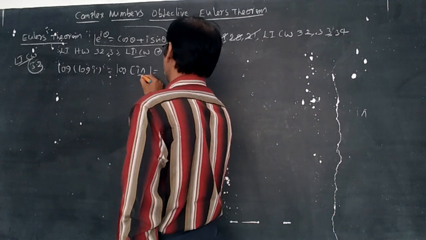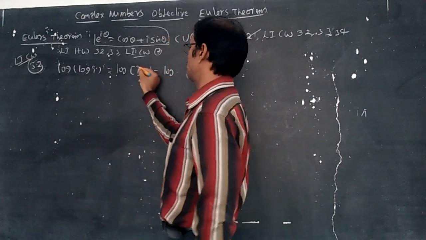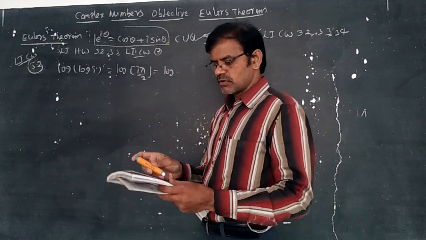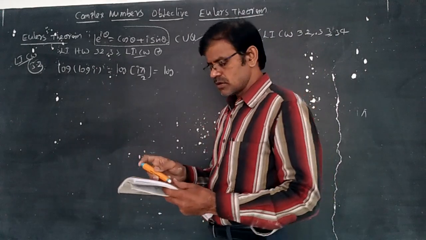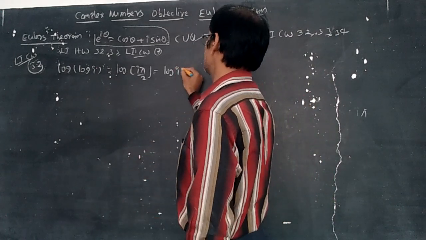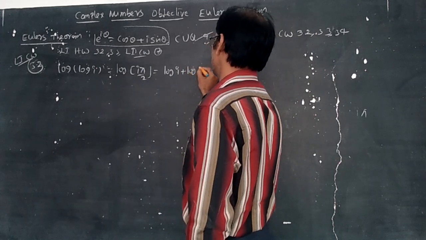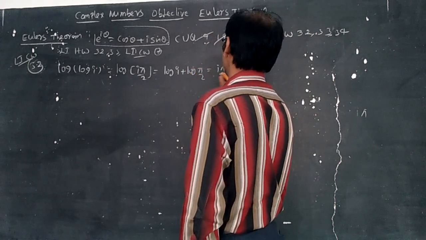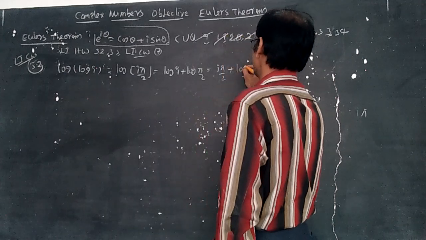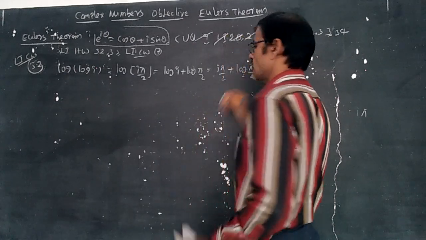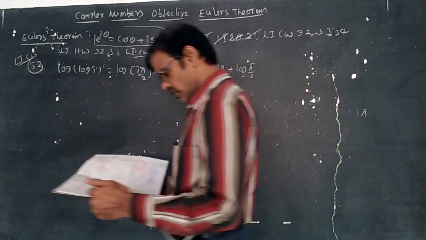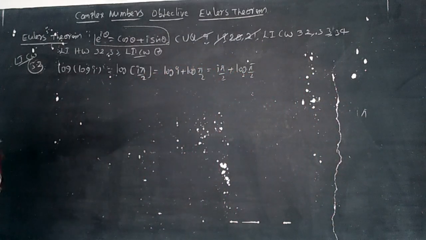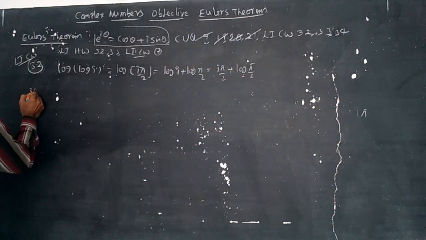This is the log A plus log B formula, because log of AB can be converted as log A plus log B. So here this is log i plus log pi by 2. Log i value, again we know, is i pi by 2. So this is i pi by 2 plus log pi by 2. Log of log i is i pi by 2 plus log pi by 2, third option.